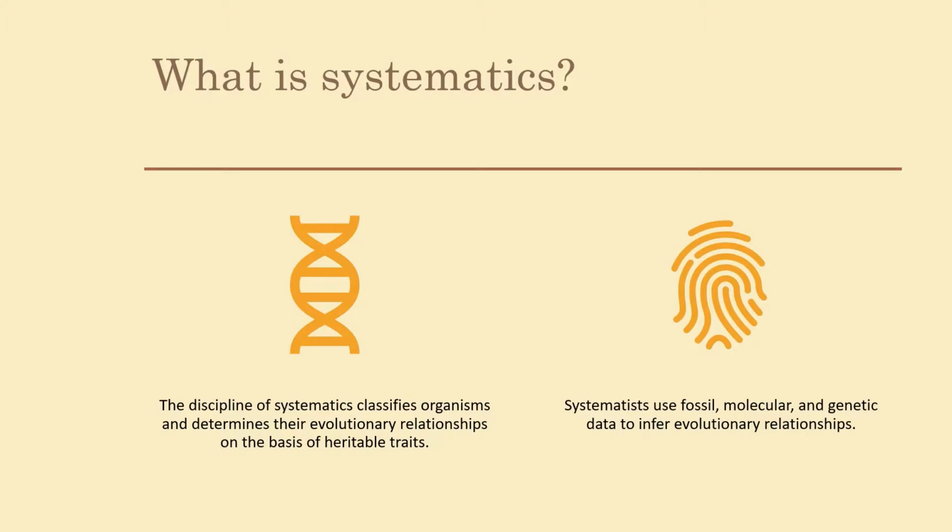If the animal is extinct, it is only available in the form of fossils, and of course today the much needed data are molecular and genetic. Molecular and genetic data like DNA are important to infer the evolutionary relationships of a particular species.